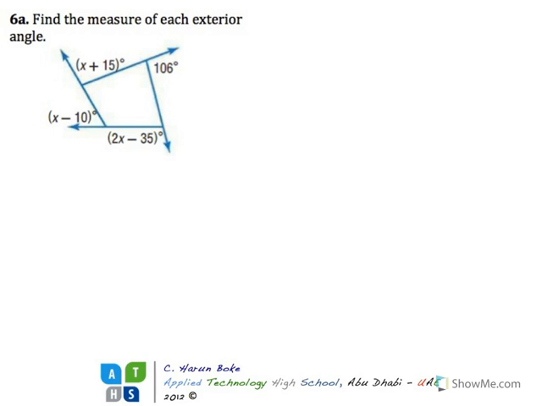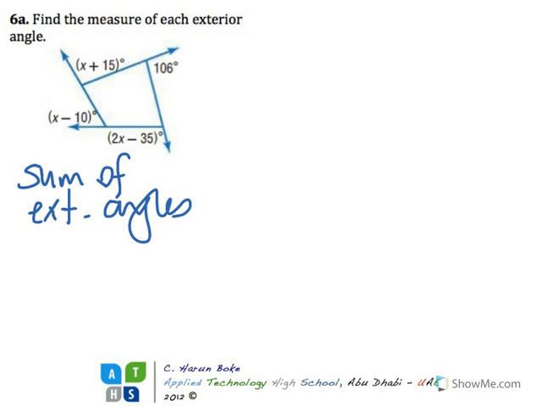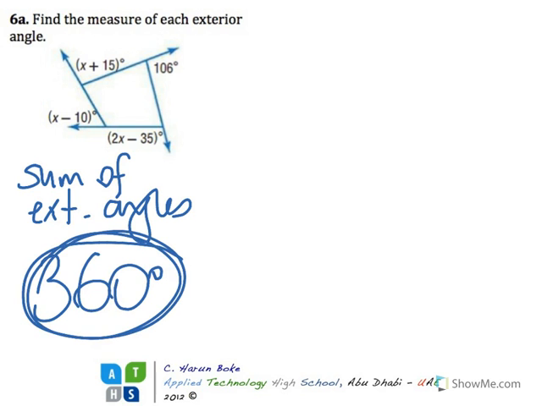In this question, we are going to find the measure of each exterior angle. We know that for all polygons, the sum of exterior angles is what? Yes, 360 degrees. So we will follow the same procedure as the previous question, just that we don't need to find the sum of exterior angles, because we know it is 360.